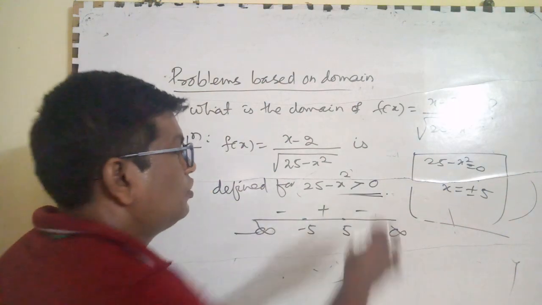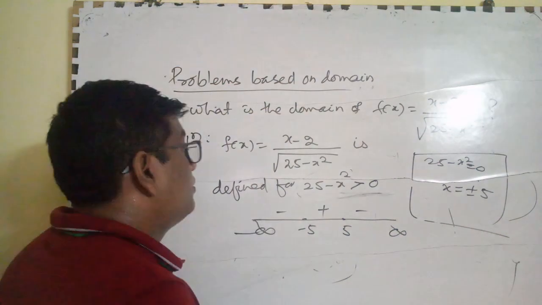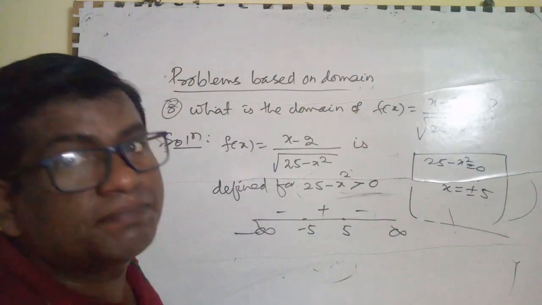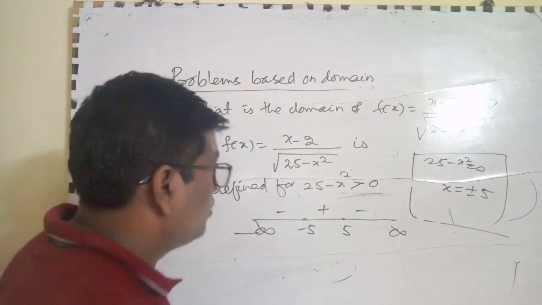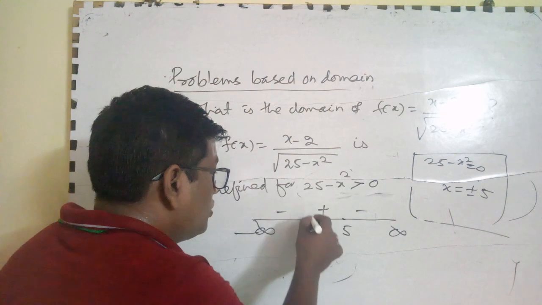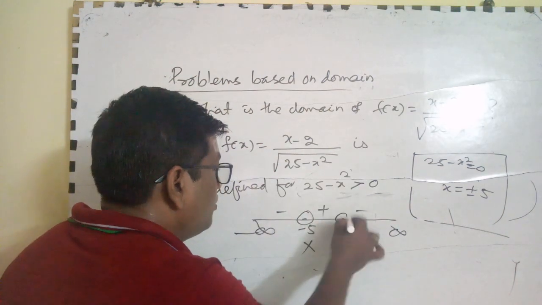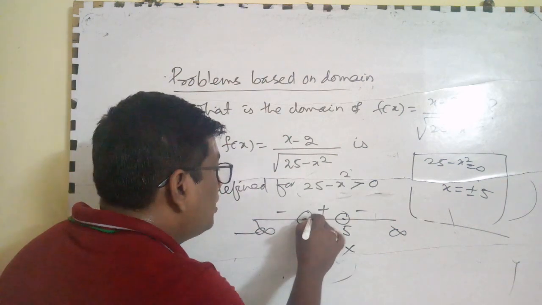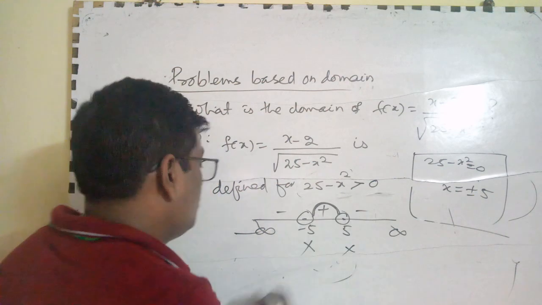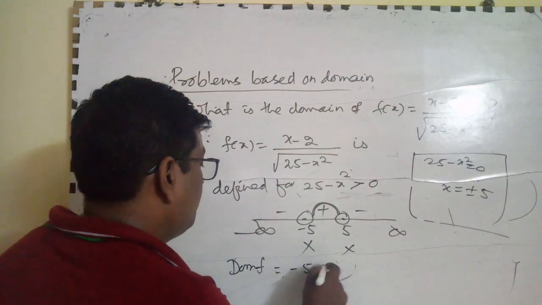Greater than 0, not the equal to sign, only greater than. So greater than 0 means positive. Where is it positive? In the middle. The equal sign is absent, so minus 5 is excluded and plus 5 is excluded. This is the domain. Dom f is equal to minus 5 comma 5.